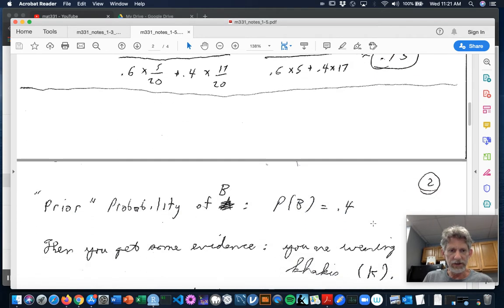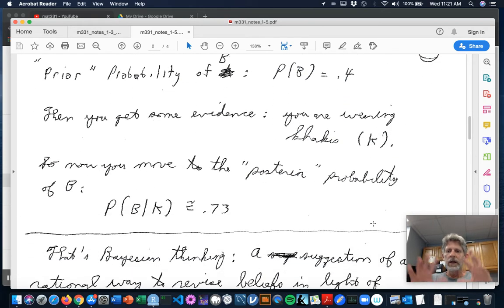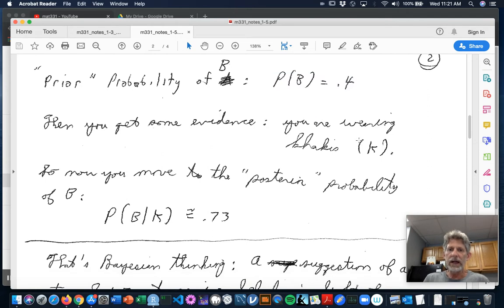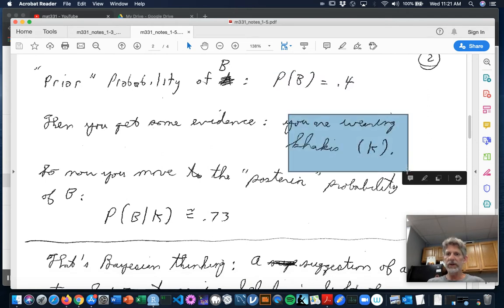So think about this. Before you opened your eyes and got evidence, there's a prior probability that you have in mind. There's only a 40% chance that you went into your roommate's closet. The probability of B was 0.4. But then you got evidence. You opened your eyes, you find you're wearing khakis, so you know that this particular event, khakis, has occurred.